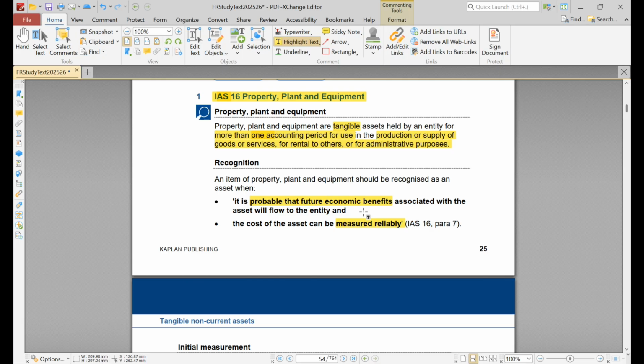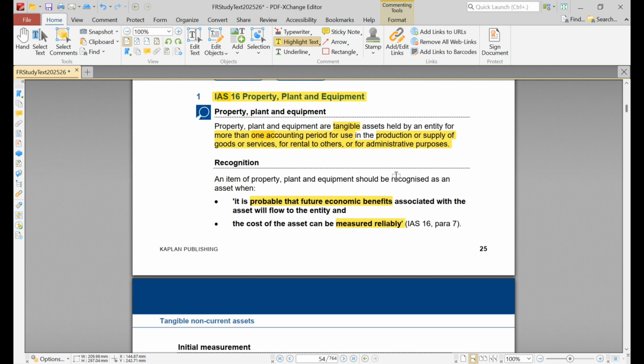Those products will be sold and revenue would be generated. The machinery is being used to generate the revenue. You're getting some sort of economic benefit by using the machinery. So, in that case, it qualifies this criterion and it is fit to be recognized as an asset under IAS 16. So, these are the two criteria.